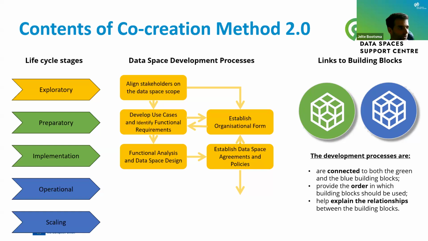An example starts all the way with aligning your stakeholders on the data space scope, the stakeholders that you need to involve, and the goals that you want to achieve, all the way to establishing agreements about federation, for example. If you go through all of these different processes, these processes also consist of different steps.